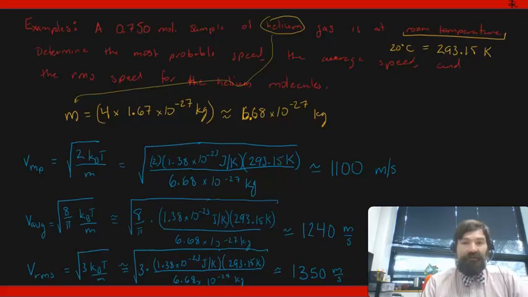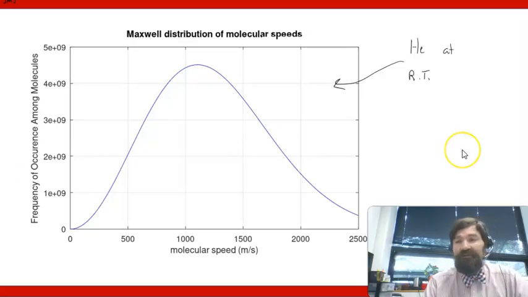All right, so this video is already a little bit in the overlong category, so we will stop with that example for today. Hopefully you found it helpful, and I hope you enjoyed the little diversion into replotting this distribution of molecular speeds to account for helium rather than whatever molecule I had plotted it for before.